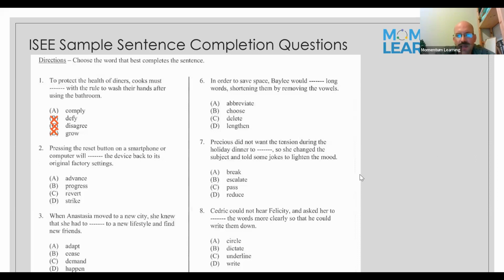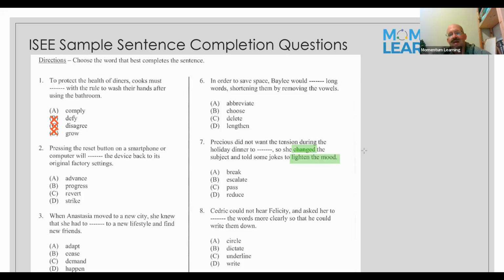Okay, so this is important. It's important to know that she changed the subject. Okay, and she was trying to lighten the mood.